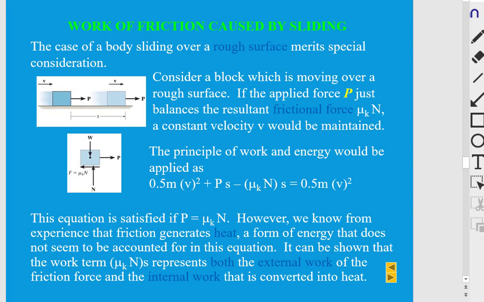So in this way, the frictional force for this example is equal to N multiplied by mu k, where mu k is the dynamic coefficient of friction, not the static one. And when you multiply it with the distance, it's going to give you the work. So that's your work.